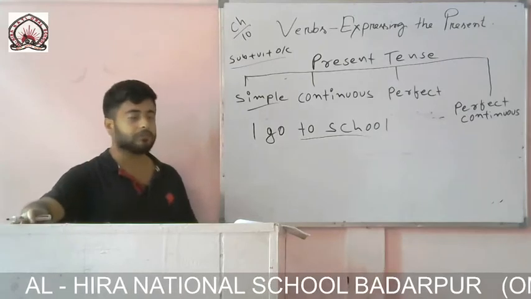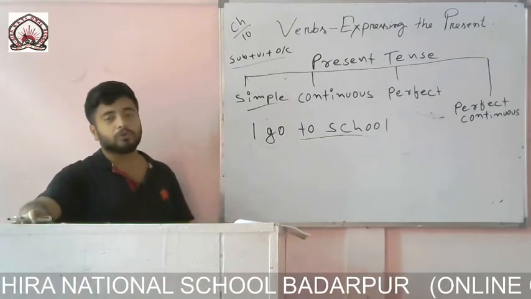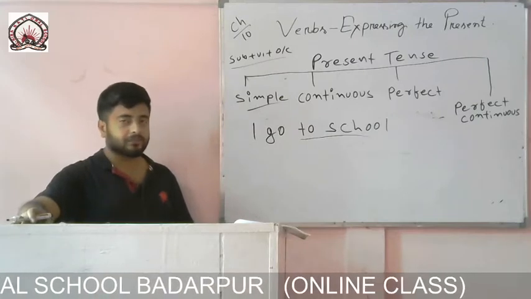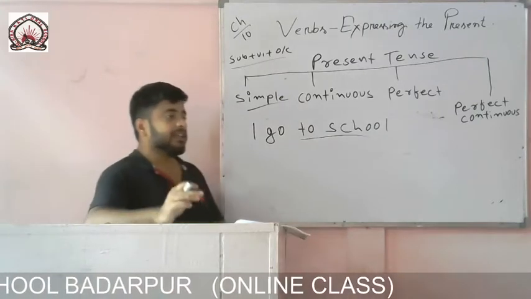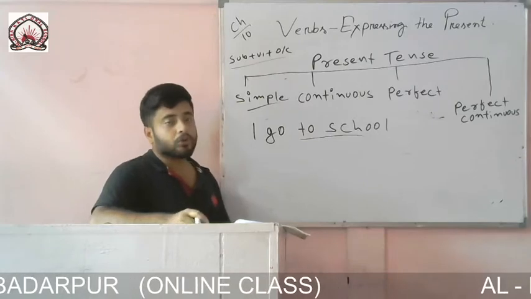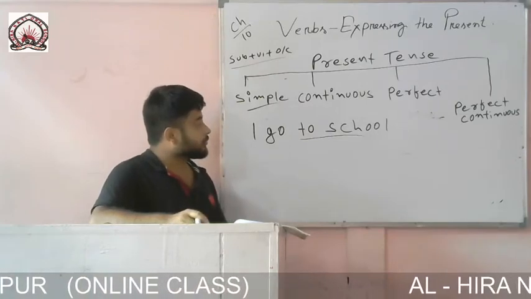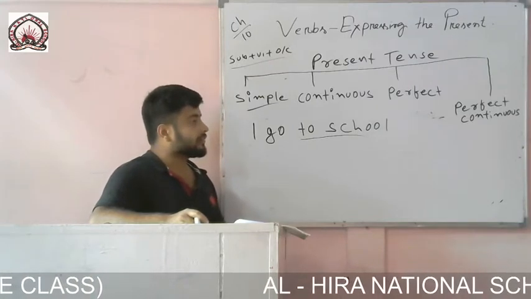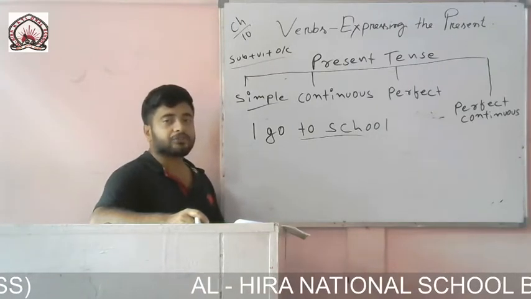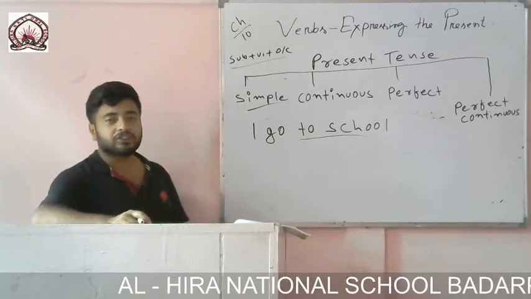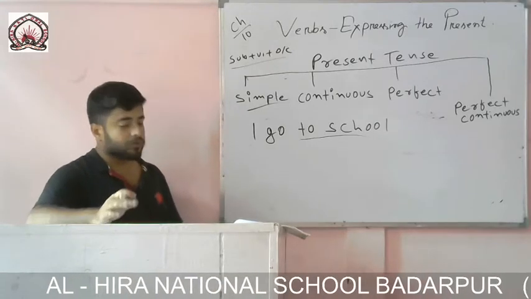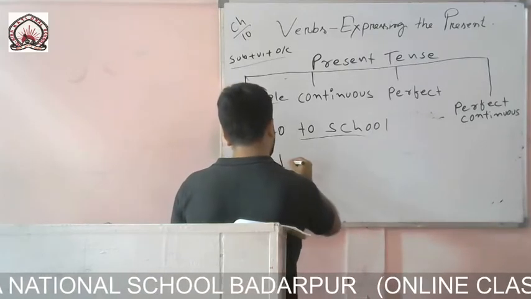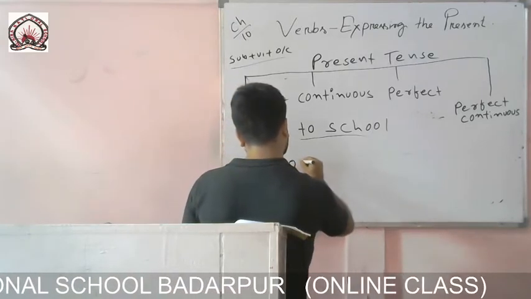How to transform this to negative, interrogative and interrogative negative? Now remember that in present indefinite, while transforming an affirmative sentence to negative, after the subject we have to add don't.